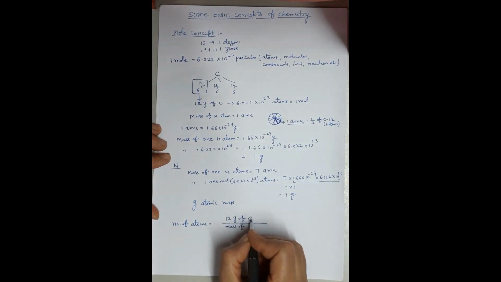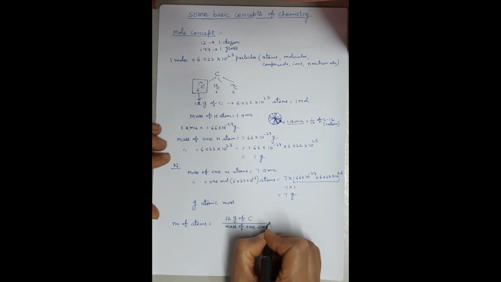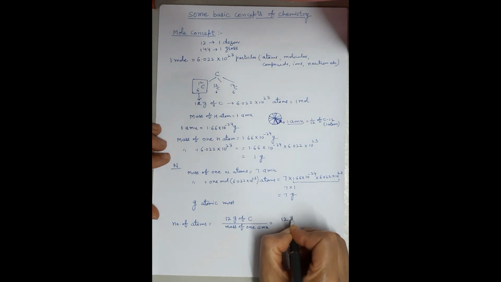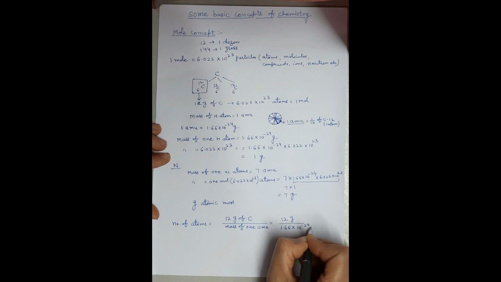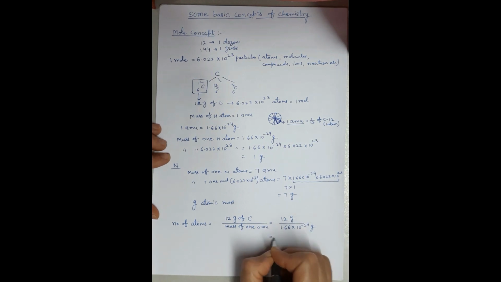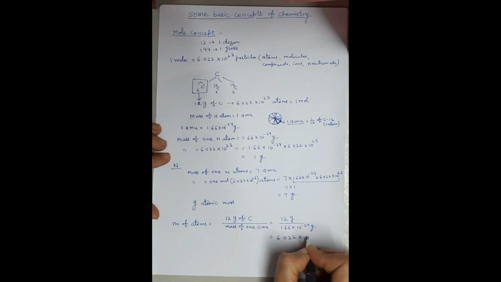So 12 gram of carbon divided by the mass of 1 AMU, which is 1.66 into 10 raised to power minus 24 grams, and it comes out to be 6.022 into 10 raised to power 23 atoms.